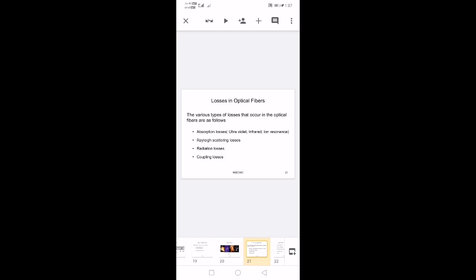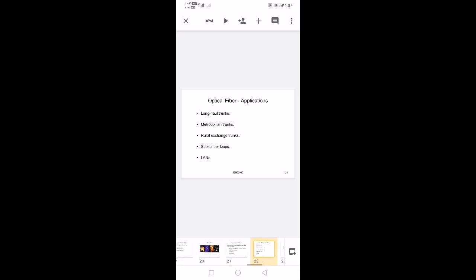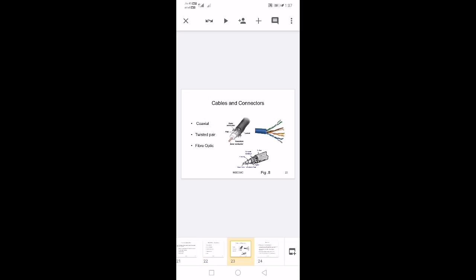The losses in optical fibers are absorption losses, Rayleigh scattering losses, radiation losses, and coupling losses. The applications are long haul trunks, metropolitan trunks, rural exchange trunks, subscriber loops, and LANs.